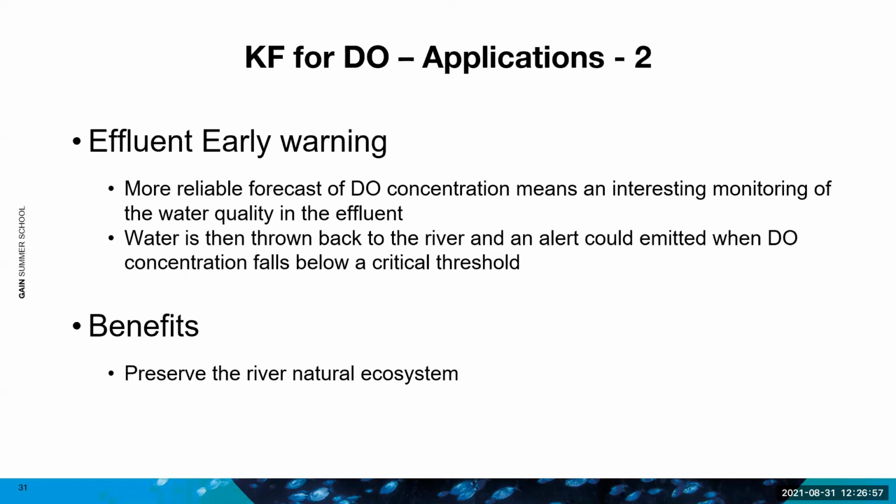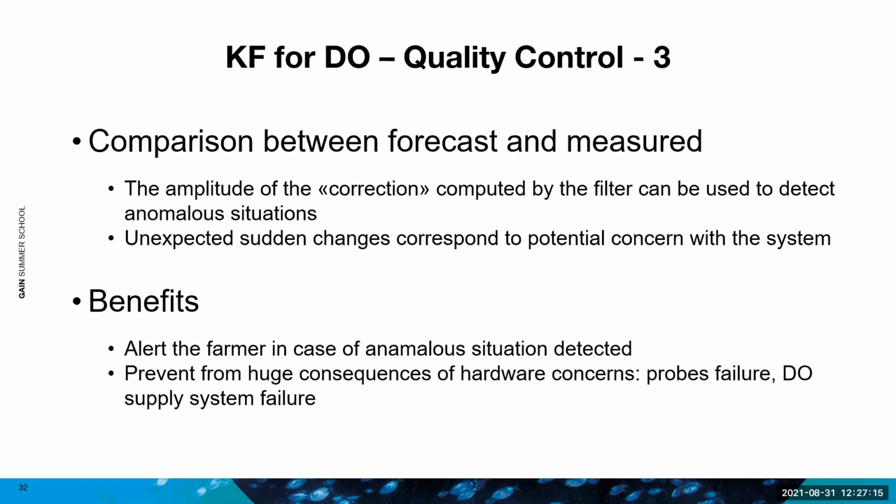It could be very useful, and you can also think to apply this methodology not only to oxygen but to other parameters, because as you saw, the model is quite simple, and you can think about other parameters that are maybe more pertinent for the water quality in the effluent.